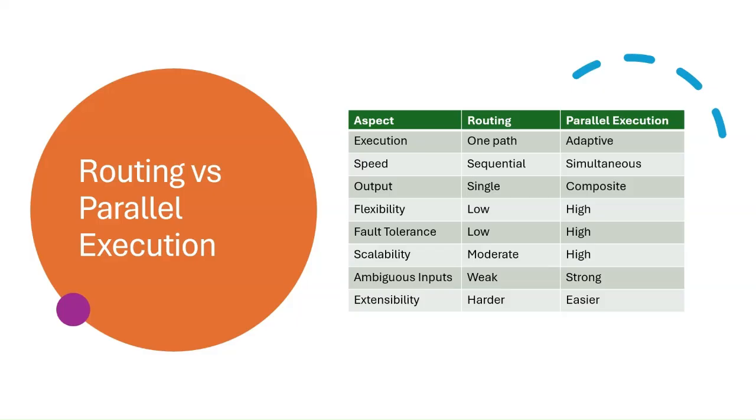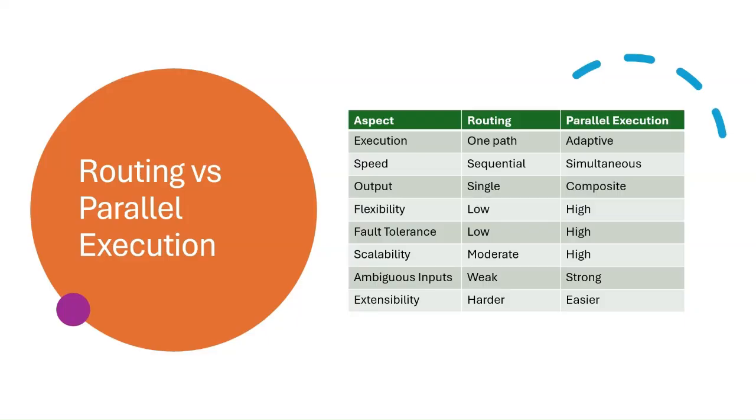Okay, so let's do a side-by-side comparison for routing versus parallel execution. The execution for routing takes one specific path, which again becomes sequential. However, you can add as many routes as you want. It is more flexible than a sequential workflow, whereas parallel execution is adaptive.